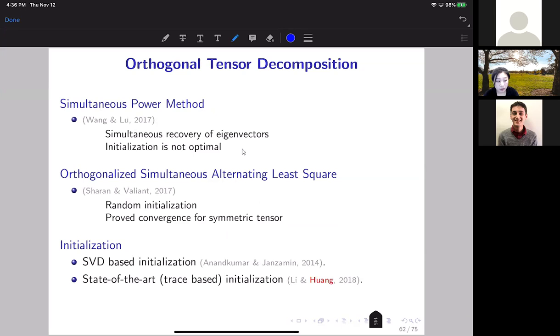Okay, so there are other papers like orthogonalized simultaneous alternating least squares. This is yet another algorithm for dealing with tensor decomposition. And initialization really matters. There are papers specifically talking about initialization of tensor decomposition, for example using SVD, or using some kind of trace-based initialization.